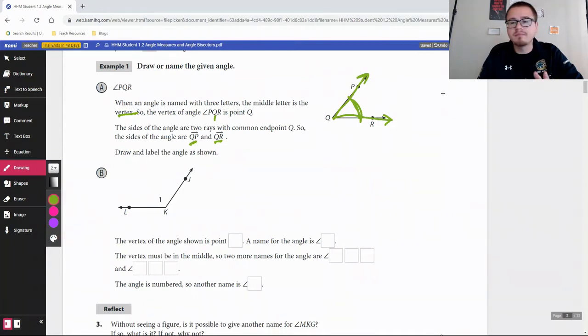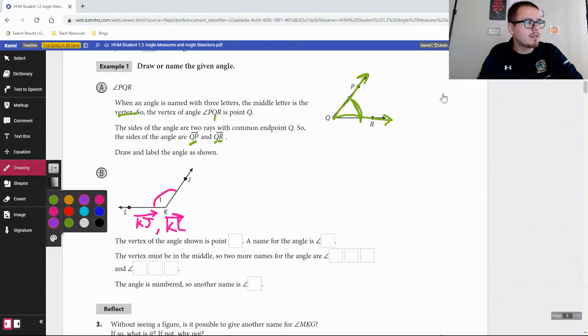So that's the basics. So if we look at the next one, you have a ray with L on it, a ray with J on it. So you have KJ, and you have KL as your rays. You with me? Okay. Your angle measure is going to be in here. And you can also name it angle 1 because that 1 is on the inside.